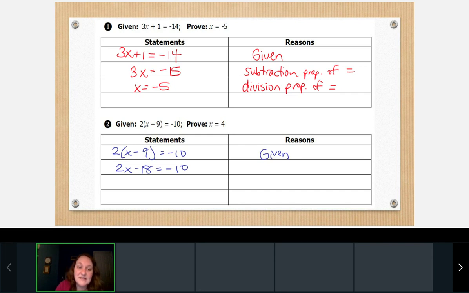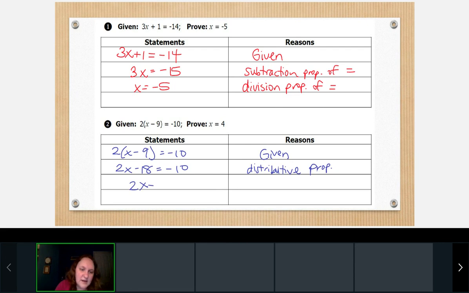Why is 2x minus 18 equal -10? Because of the distributive property. Wow. Okay, that says distributive property. My pen went wonky. Let's try that again. Oh, close enough. All right, now let's add 18 to both sides.